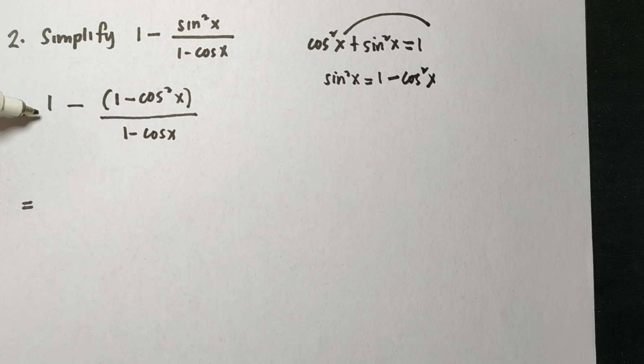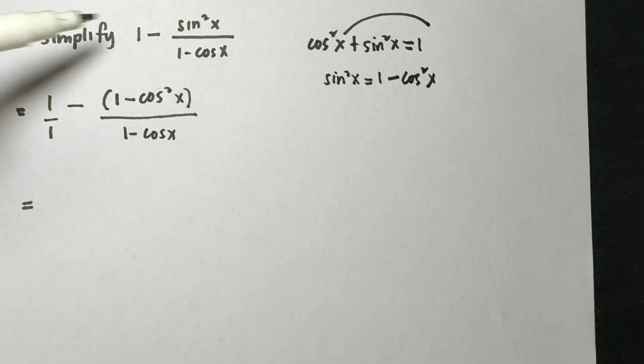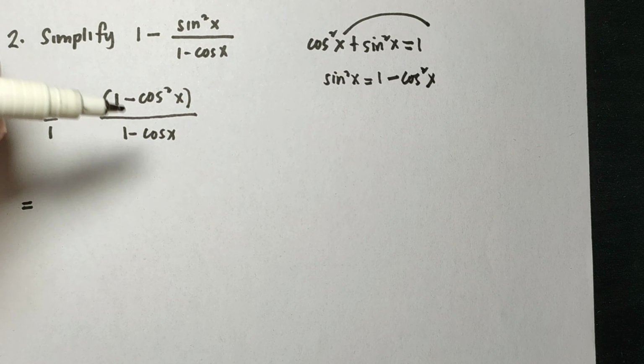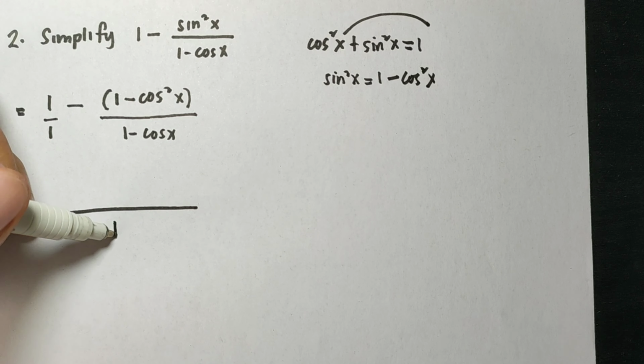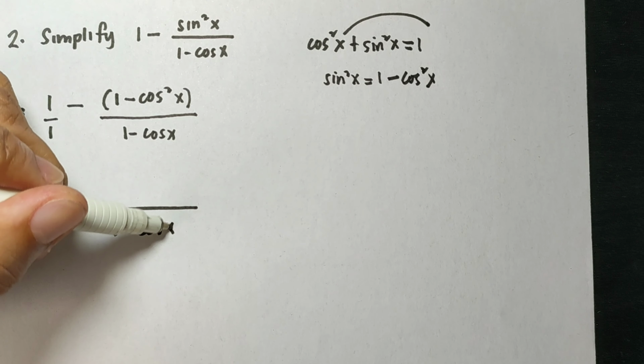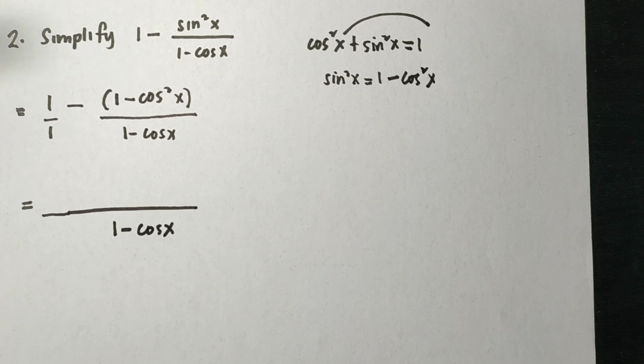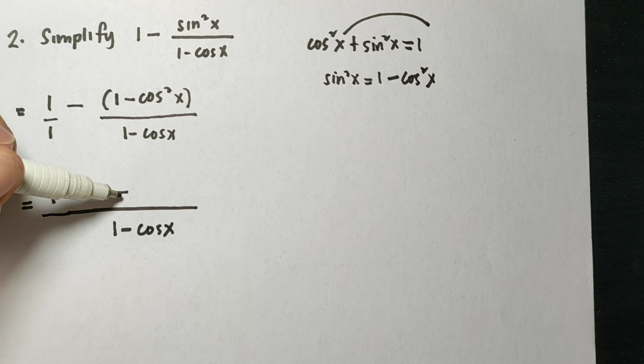So this is over 1, and we need to rewrite this as a single fraction with a common denominator of 1 minus cosine x. So let us do that. 1 minus cosine x divided by 1 is 1 minus cosine x, times 1 is still 1 minus cosine x. Then copy that minus sign.